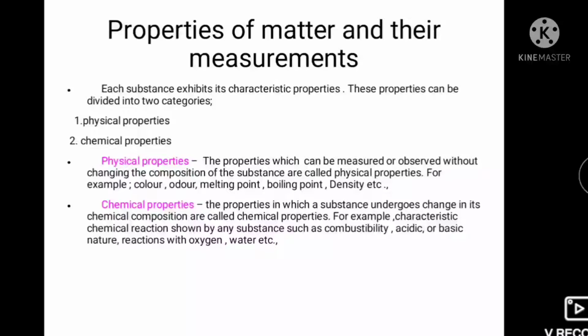How is rust formed? Iron reacts with oxygen in the presence of water. So there occurs a chemical change.